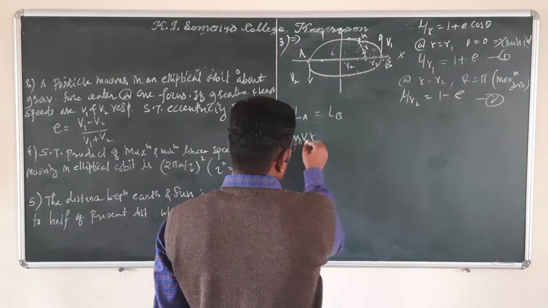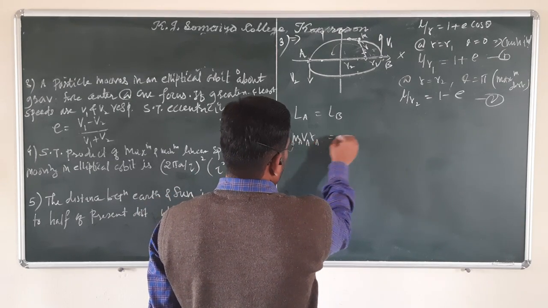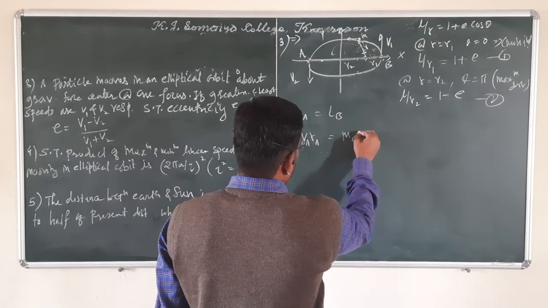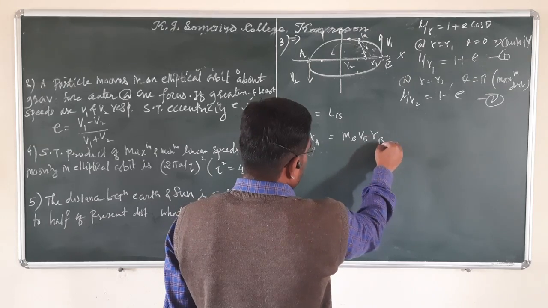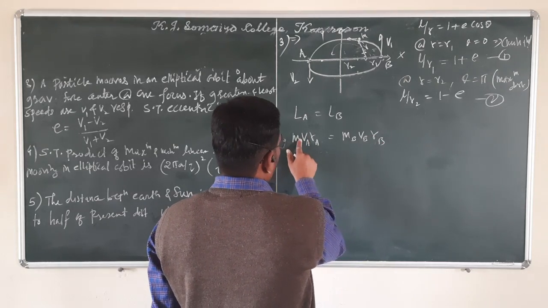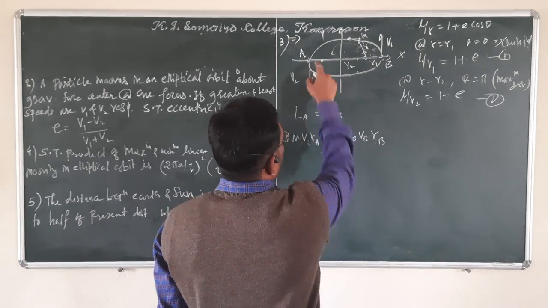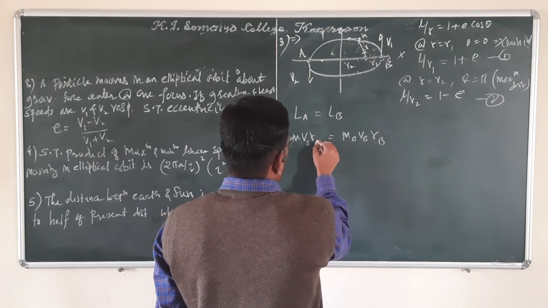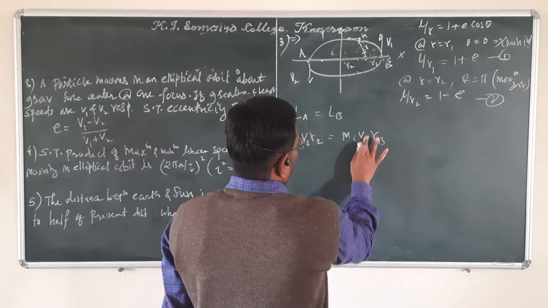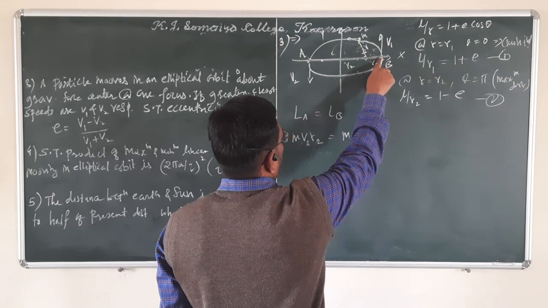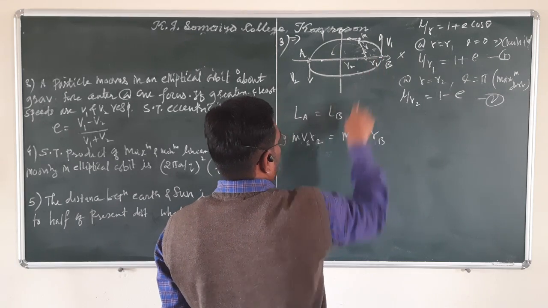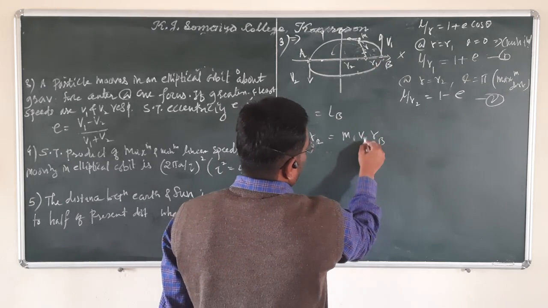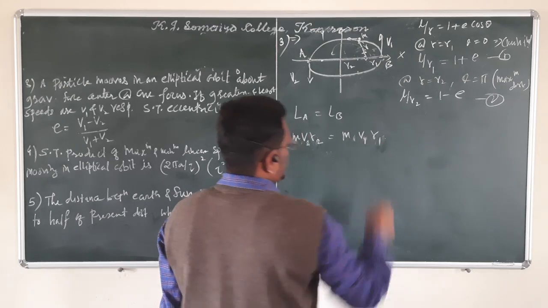So angular momentum at A is mass at A, velocity at A, r at A, which is equal to mass at B, velocity at B, and distance at B. Now mass at A is m, velocity at A is v2, and distance at A is r2. Again, the mass at B is m, velocity at B is v1, and distance is r1.